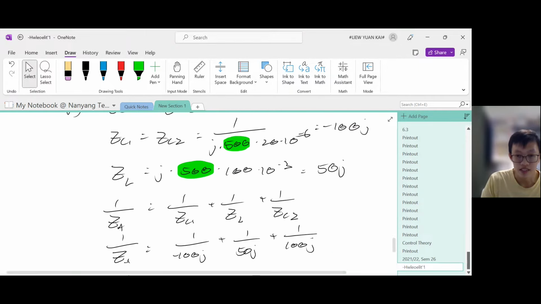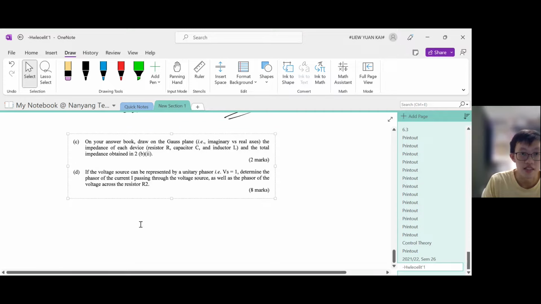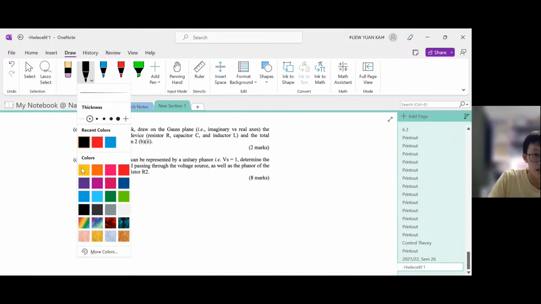Okay, so what's the next question? The next question states to draw this on the Gauss plane, aka the Argand diagram.